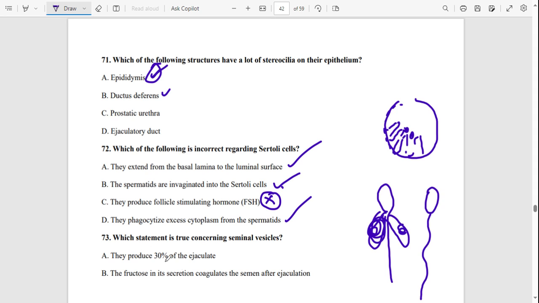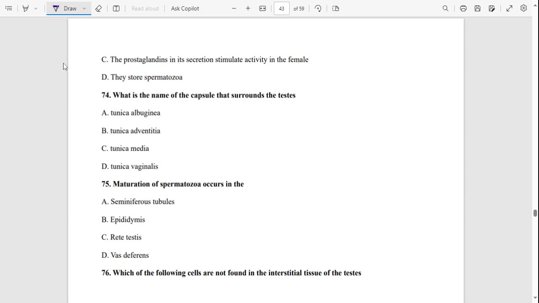Which statement is true concerning seminal vesicles? They produce 30% of the ejaculate. This is not true. They actually produce about 70 to 80% of the ejaculate. The fructose in its secretion coagulates the semen after ejaculation. That's not true. The function of fructose is for energy provision, not coagulation.